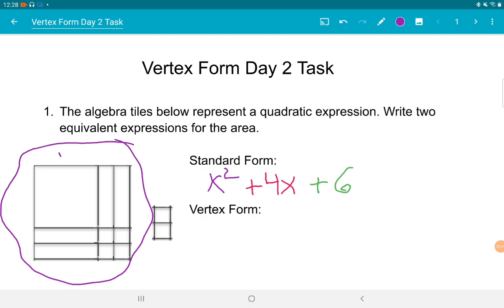Remember the side here is x, and then the little sides are 1. So the whole side there is x plus 2. You put 2 x tiles on each side of this. So your vertex form is going to be x plus 2 squared.